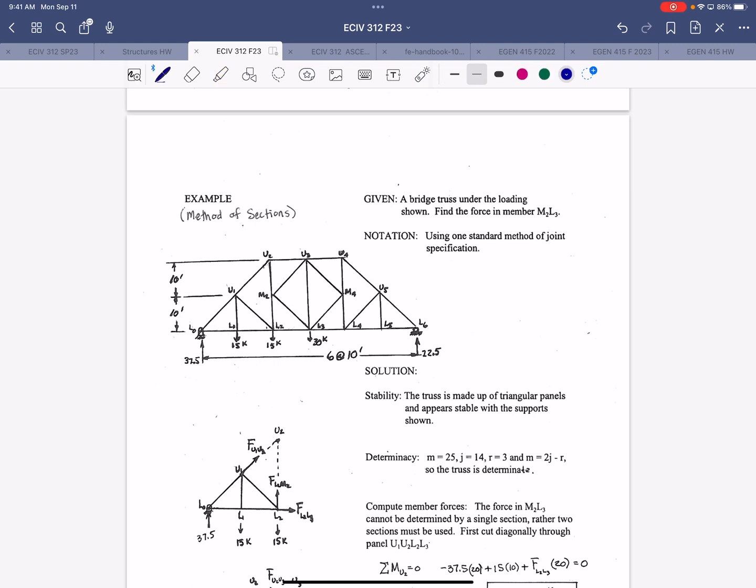It's not really that important how you number your joints, just as long as you're clear in your joint numbering and you're consistent in your communication throughout your solution.